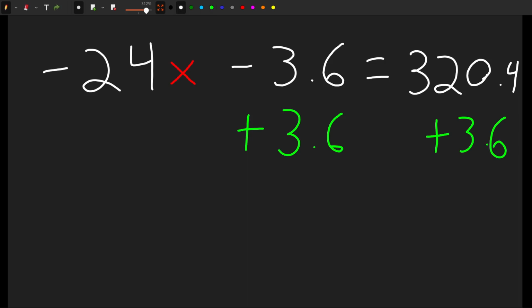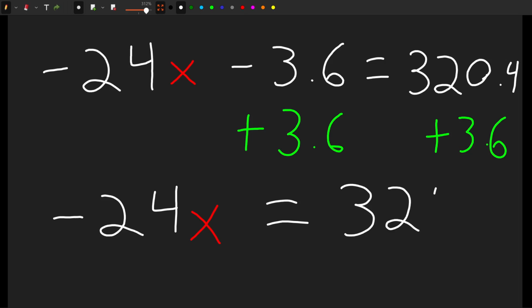On the left-hand side, I'm going to get negative 24x. And on the right-hand side, 320 plus 3.6. Well, 320 plus 3 is 323. 0.4 plus 0.6 is 1. So then I'm left with 324.